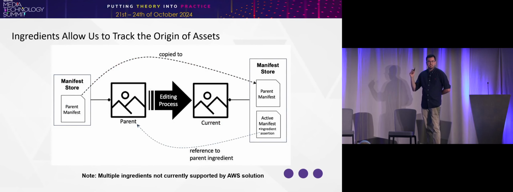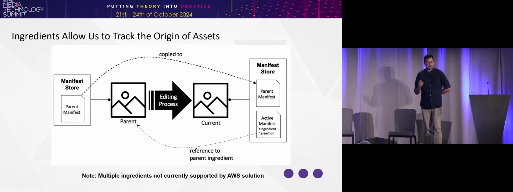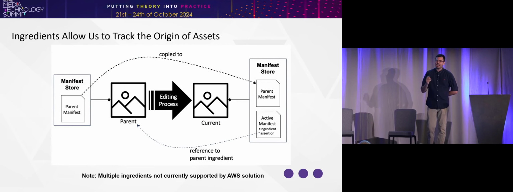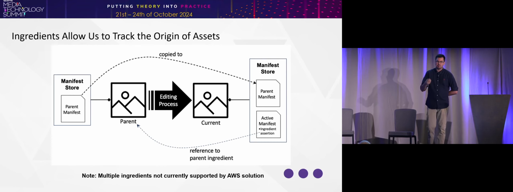And then this is really the key process here of that C2PA transition. You can see that we have a parent and current, parent being the asset that has C2PA data contained to it. So it references its own manifest store containing that parent manifest. So think about some of the examples I showed you before. What happens in the editing process is you perform actions and assertions that you wish to include in this image.